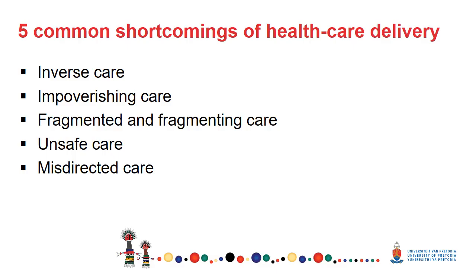So the issue here is about making sure that people should be receiving care that is safe, so that they get access to health services and come out of health services without harm being visited upon them. The fifth point is around misdirected care, where care is not well regulated.